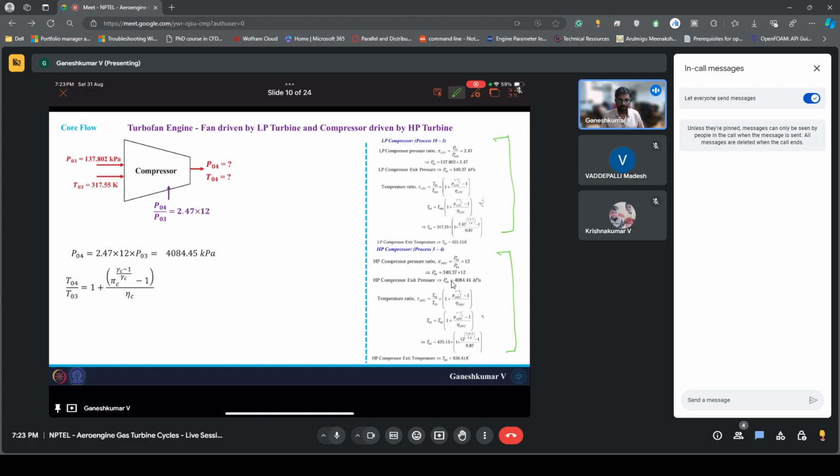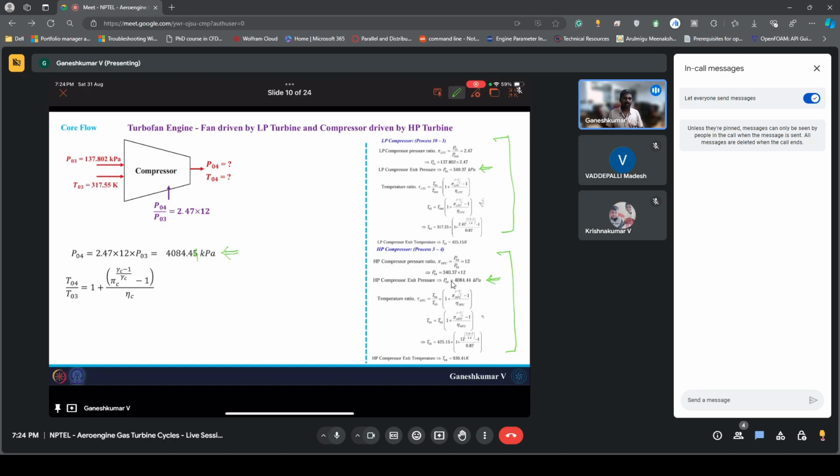You can note something here. I have 40.84 bar over here, and what I also have is the low pressure compressor pressure of 340.37 kilopascal, and after that it goes through the high pressure compressor, and there you also end up having 4084.44 kilopascals. It's just a round-off thing.